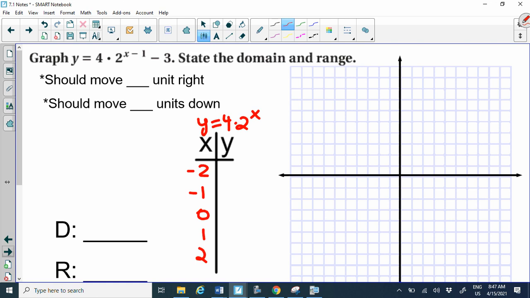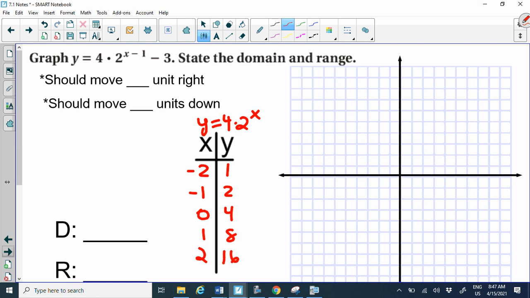So here, what we get is 1, and then 2, 4. So remember with our A value, notice that it is a number greater than 1, so this is going to be a vertical stretch. Okay, there's no reflection since A is positive, and then our y-intercept is (0, 4). So remember, it's 0, the A value. Okay, then (1, 8), and then (2, 16).